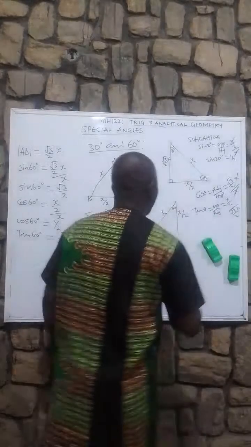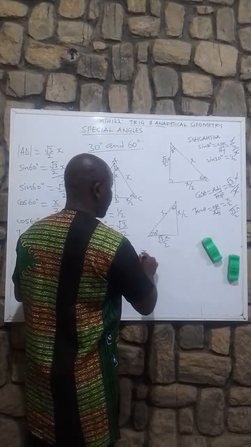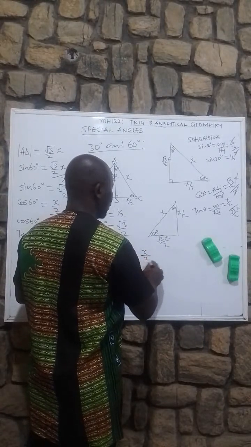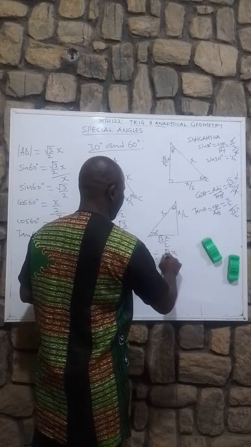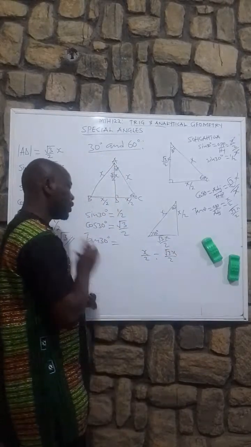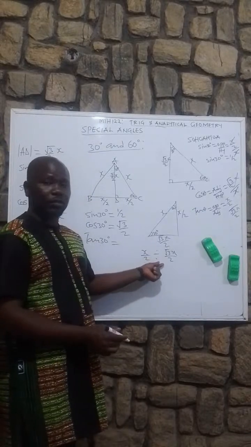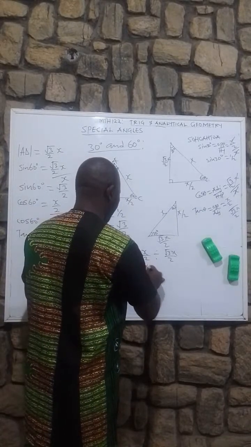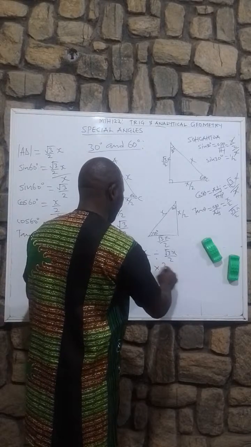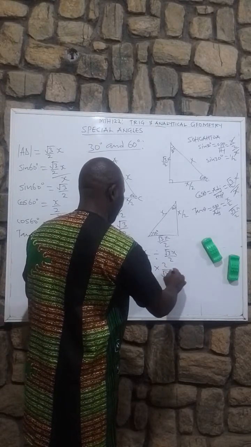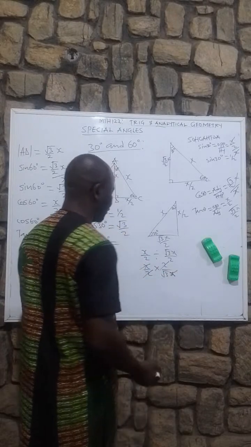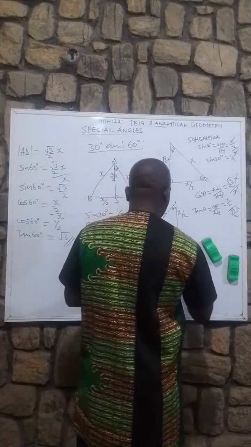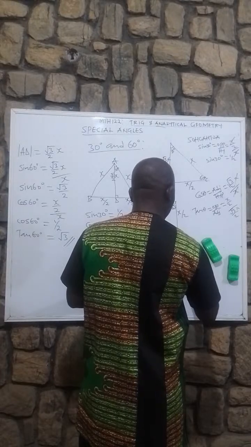So assuming you have x all over 2, then divide by root 3x all over 2, it means by the time you convert this to multiplication, you are going to have x all over 2 times 2 all over root 3x. So this and this will cancel, this cancel, 2 of us. Then we are going to have 1 all over root 3.